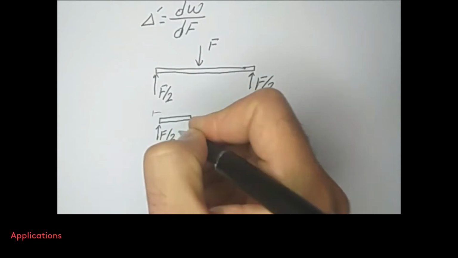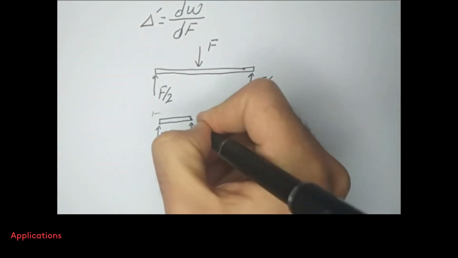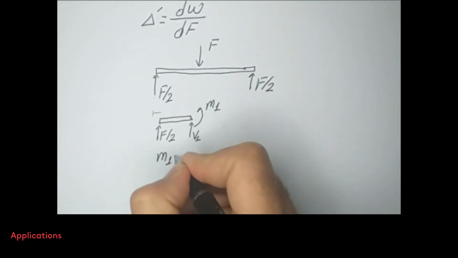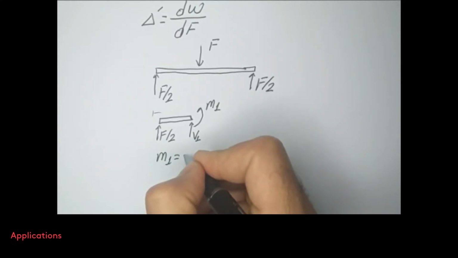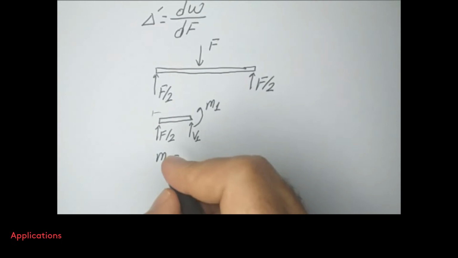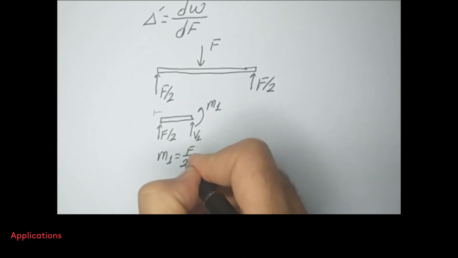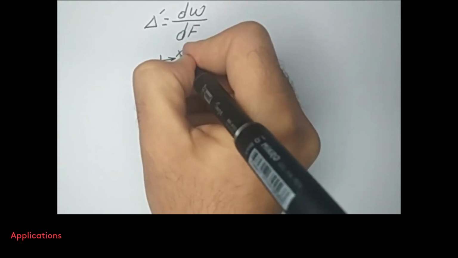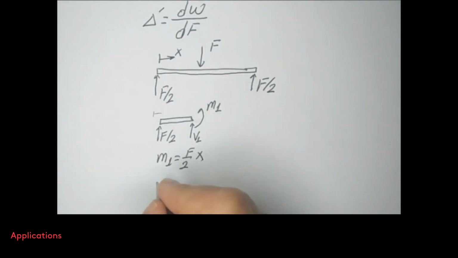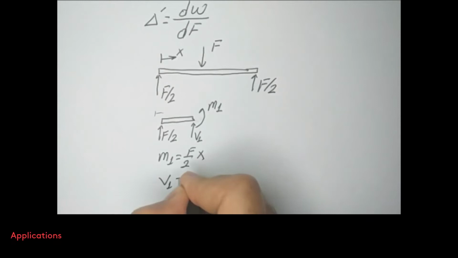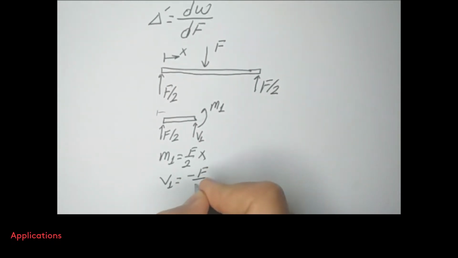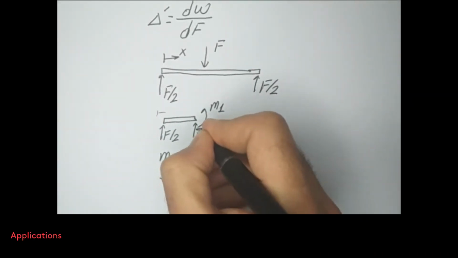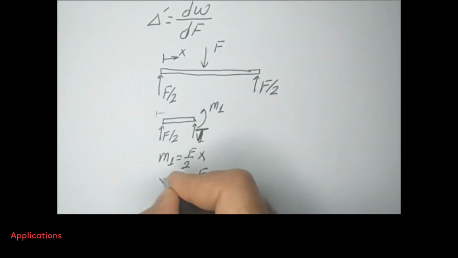In fact, M1 is equal to F divided by 2 multiplied by X, if this is my reference point, and V1 is equal to minus F divided by 2, or yes, so let's say this is T1 in order to be consistent with the problem.